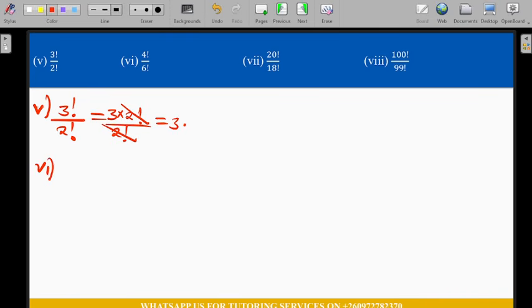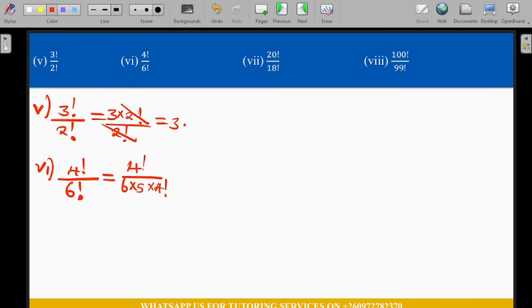Then for part 6, we have 4 factorial over 6 factorial. What we do is we just look at the bigger number with the factorial and reduce it up to the smaller number with the factorial. So here the bigger number with a factorial is 6. So we reduce it up to 4. So it will be 6 times 5 times 4 factorial.